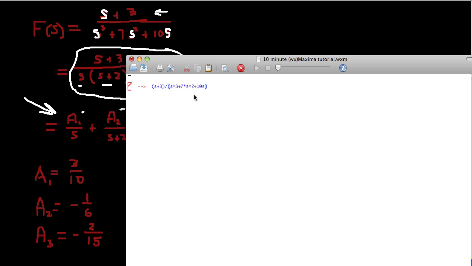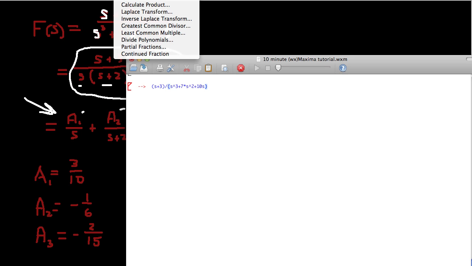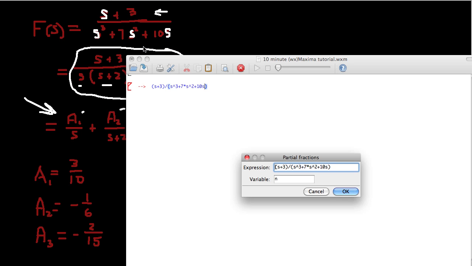Okay, now what I'm going to do is I'm going to go up to my menu, and I'm going to go under the Calculus tab and come down to where it says Partial Fractions. And now it asks me a question. It says, okay, is this the expression I want to do the partial fraction of?